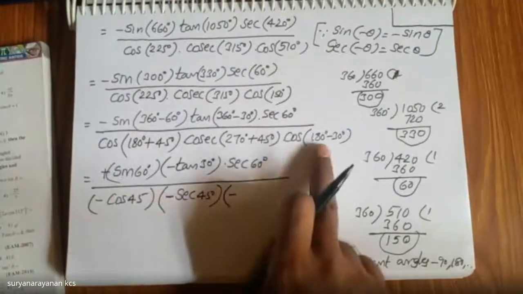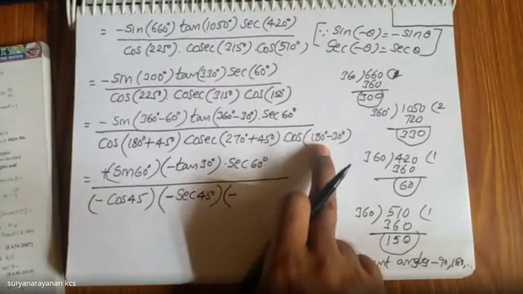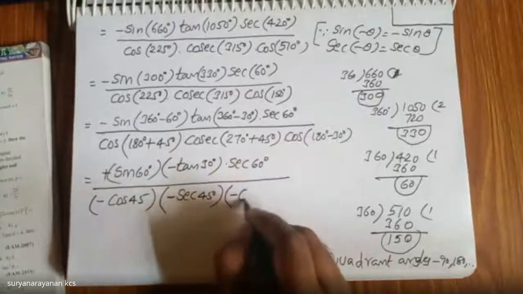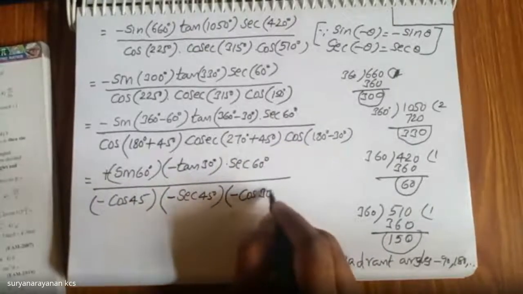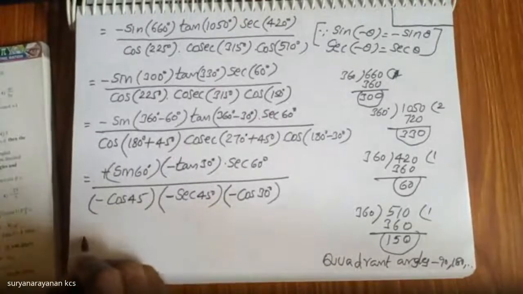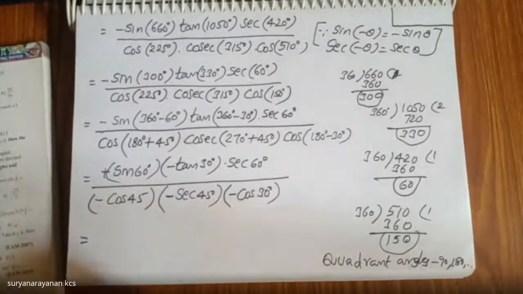Here this angle is written as a 180 combination, so cos we write as it is, cos 30 degrees. Understood this step, my dear children? Yes, sir.